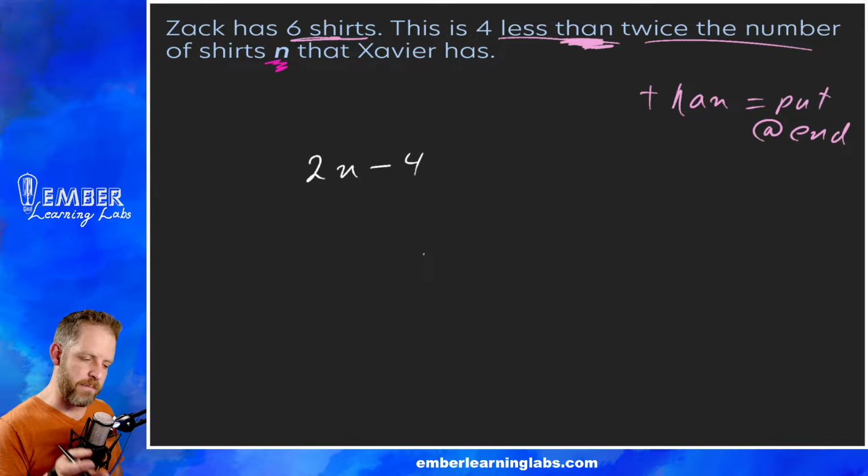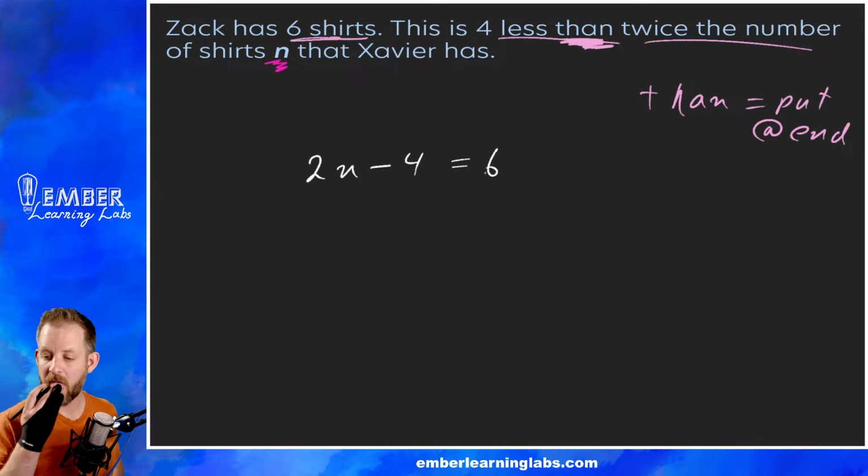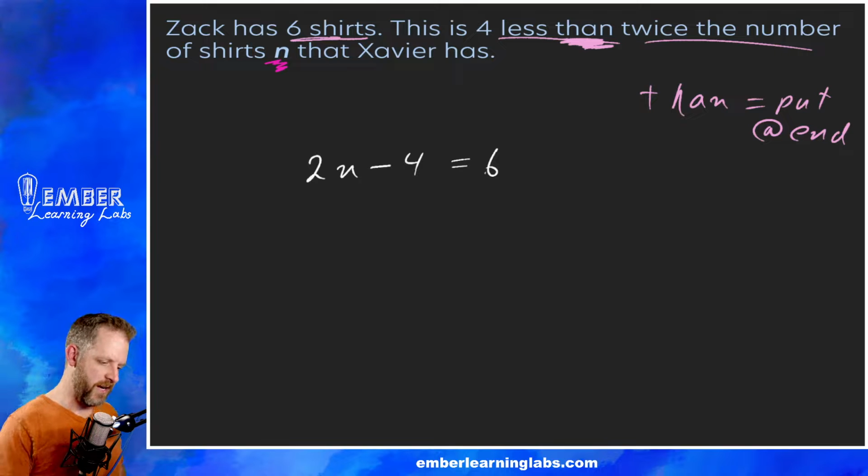So see, that's what I'm talking about by put it at the end. So we're doing less than, so 4 less than, so we're doing minus, but we're putting it at the end because of the word than in there, right? And then there's 6 shirts, right? That makes sense. Not such a big deal, right?